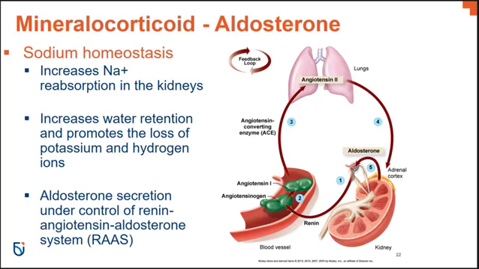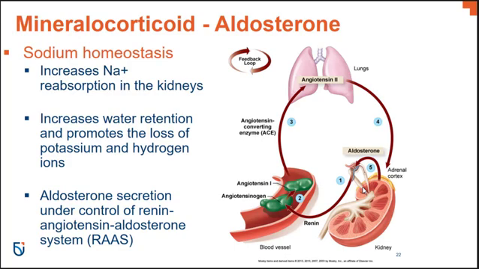This concept will make a lot more sense once we get to the urinary system and we go into detail, but ultimately within our kidneys, we have all of these tubules that are going to work to produce urine. Anything that ends up within the tubules at the very end of the tubule system will end up as part of our urine. If our body needs more sodium, aldosterone will stimulate these tubules to allow our body to take back or reabsorb sodium from the tubules and put it back into our body.